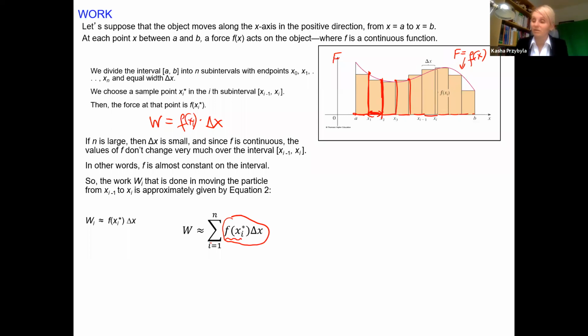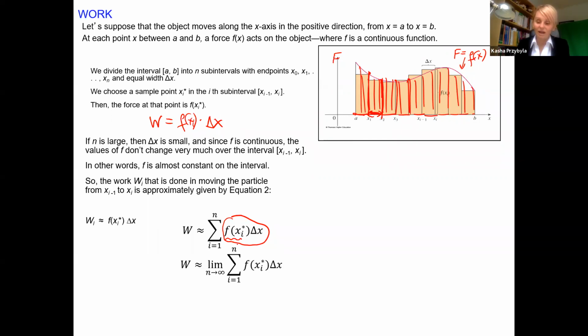The perfect approximation will be if I have infinitely many of these subintervals, or saying differently, delta x should be teeny tiny, or the number of slices is infinity.